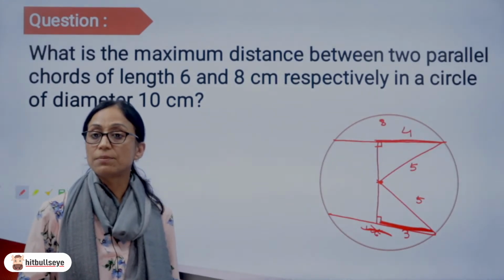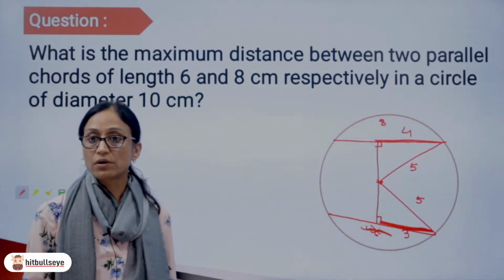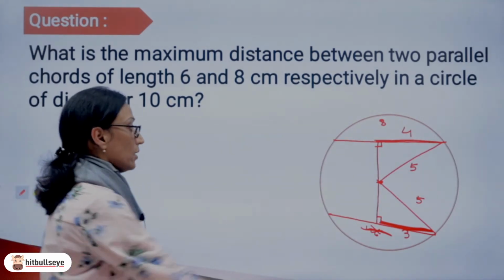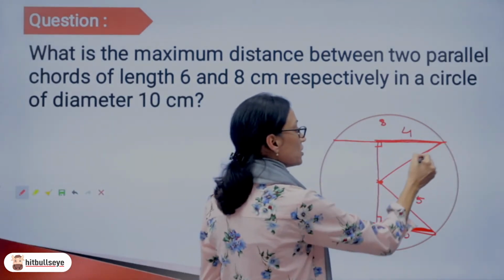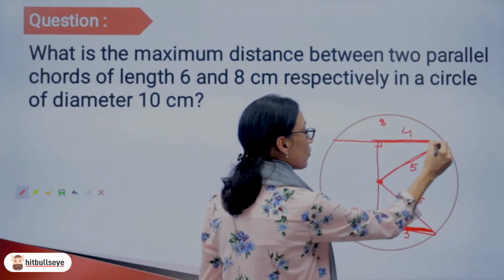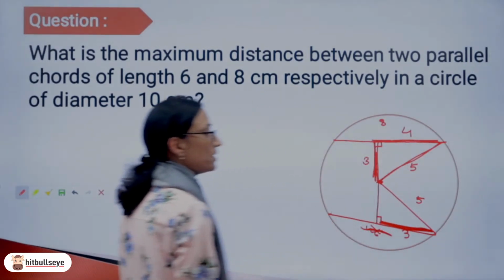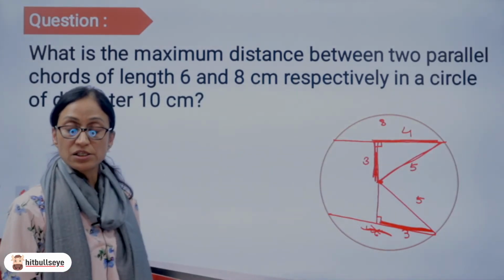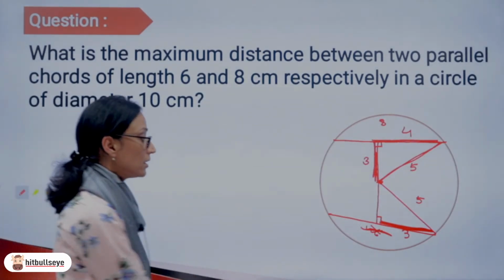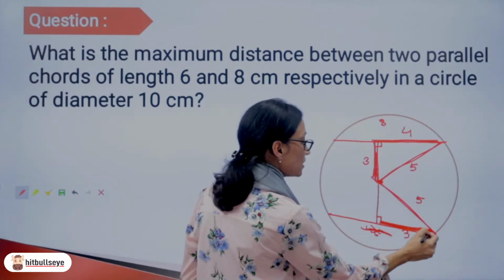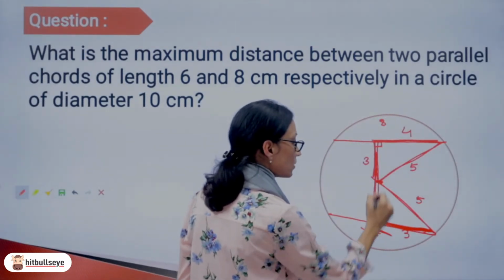And that Pythagorean triplet is 3, 4, 5. We see that this hypotenuse happens to be 5 and this is 4, so this has to be 3. Similarly, in the other right angled triangle which has got created here, the hypotenuse is 5, this is 3, so this has to be 4.